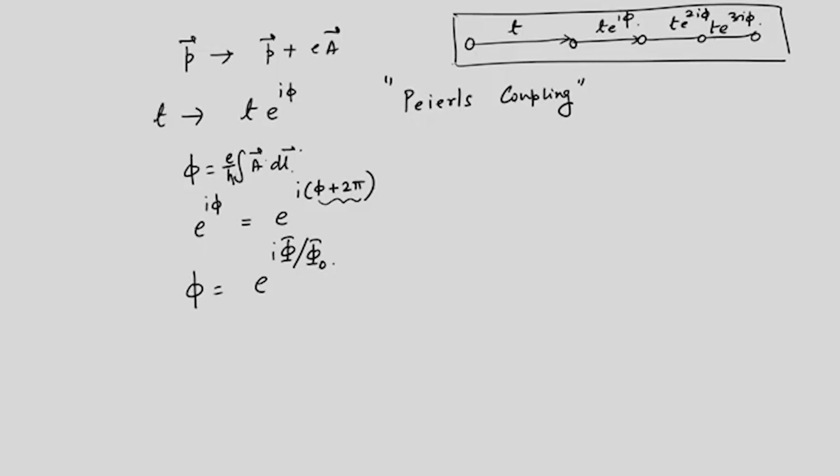A dot dl over a closed contour, by Stokes theorem, is equal to the integral of B dot dS, where dS is the surface area which encloses the contour, and then this is phi by phi 0.